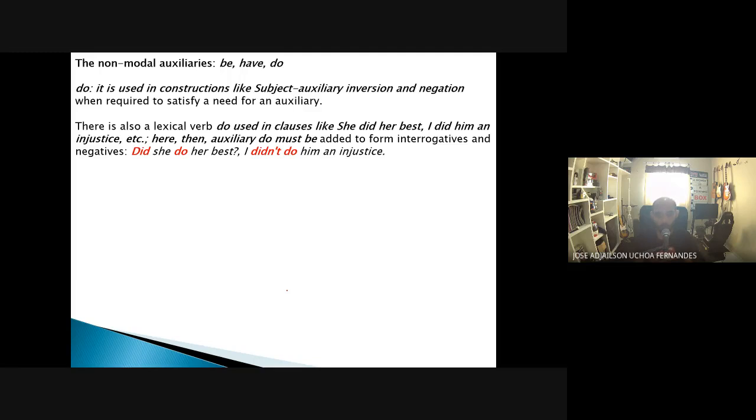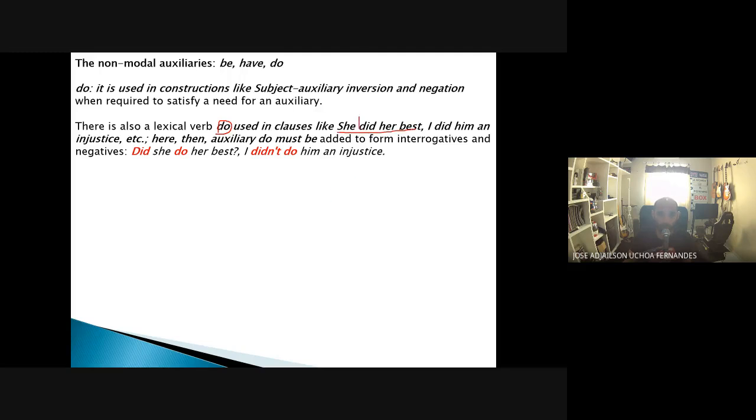Did and do are exactly the same verb, only with inflection in tense. So there is also a lexical verb do, the verb to do, which means to do something. I'm going to do my homework. And this do is lexical. And it's used in clauses like she did her best.